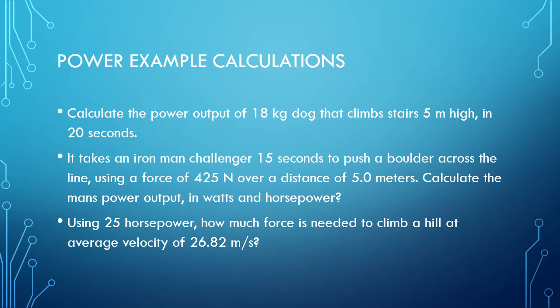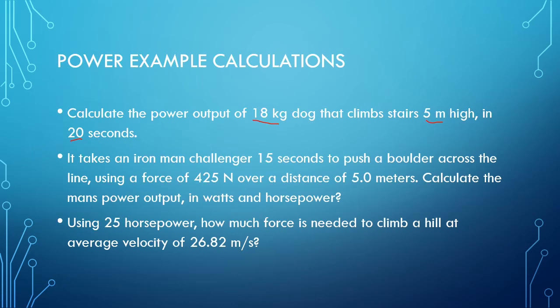For this first one, calculate the power of an 18-kilogram dog that climbs stairs 5 meters high in 20 seconds. So we have mass, we have a height or a distance, and a time.